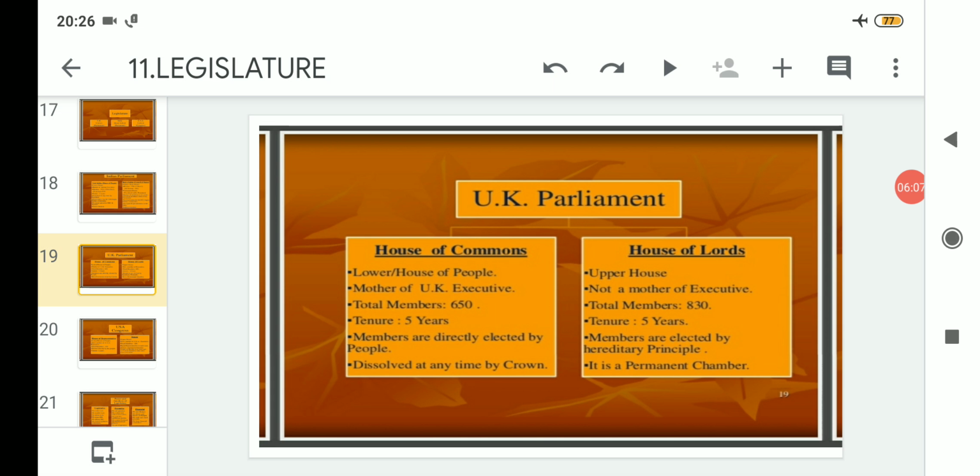Clear? So if we make a comparison between the House of Commons and the House of Lords, we can see that the House of Commons is popularly known as the House of the People, and the lower house, and it is related to the executive. Why is it related to the executive?